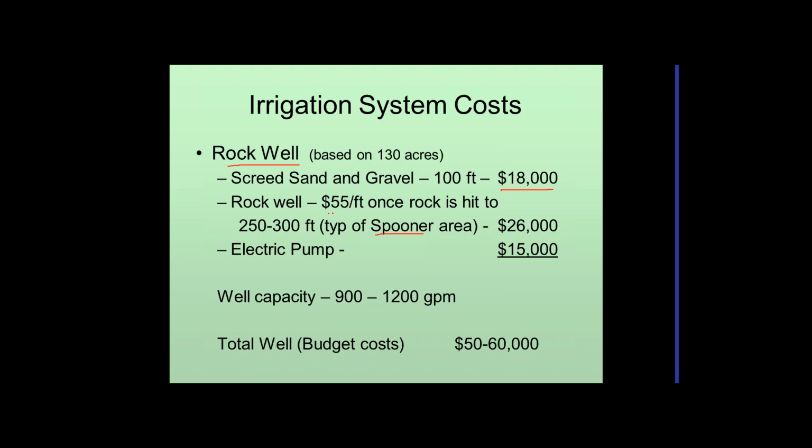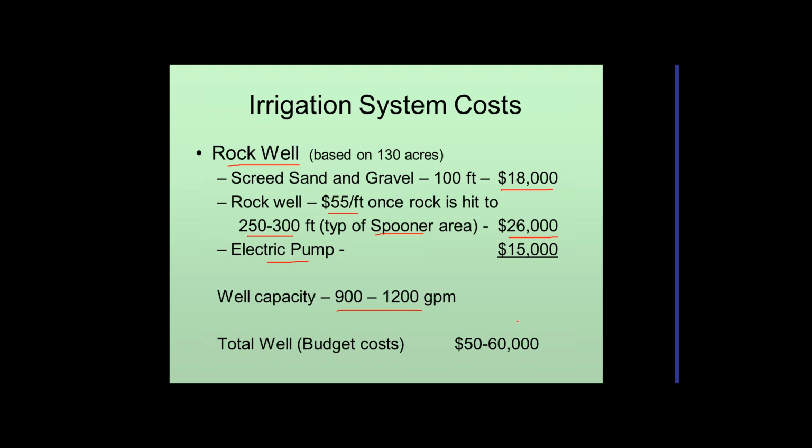Once they hit rock, it's $55 a foot, and we might have a well depth in that area of 250 to 300 feet deep. So that would cost another $26,000 to get through the rock, and then we have to have a pump. If we put an electric pump, that's $15,000 for that, with a well capacity of 1,200 gallons a minute.